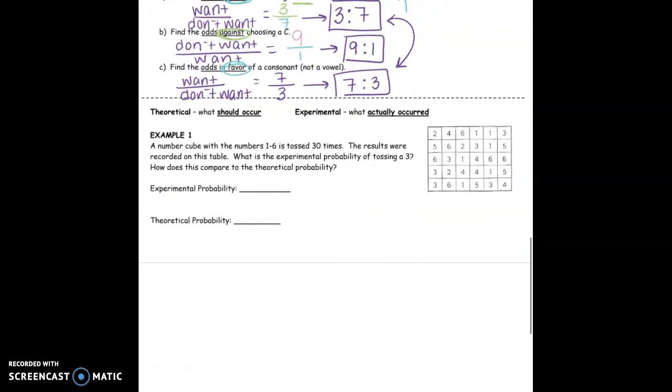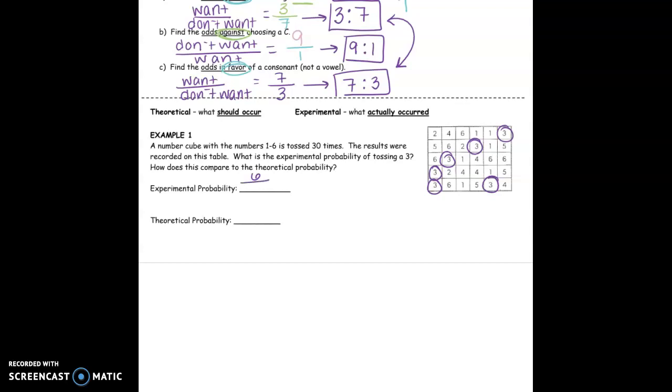Okay? Last thing we are going to look at is theoretical versus experimental probability. So a number cube with the numbers 1 through 6 is tossed 30 times. The results were recorded on this table. What is the experimental probability of tossing a 3? Okay, the experimental probability of tossing a 3. So you go ahead and you find on here all the times that you rolled a 3, and there are 6 of them.